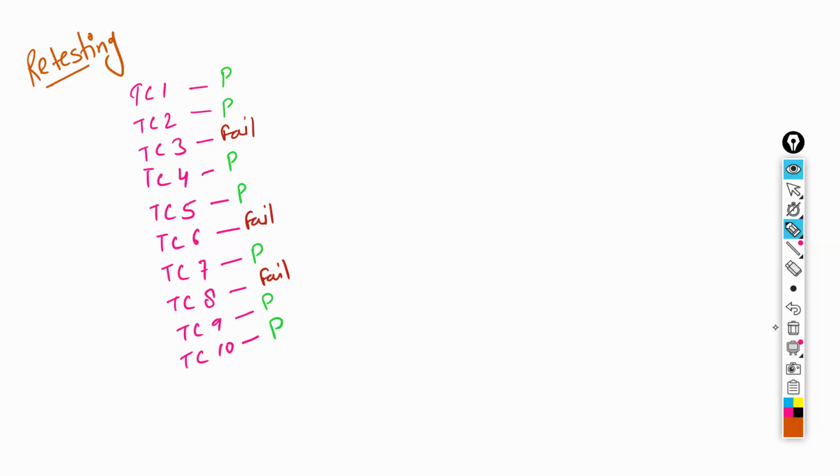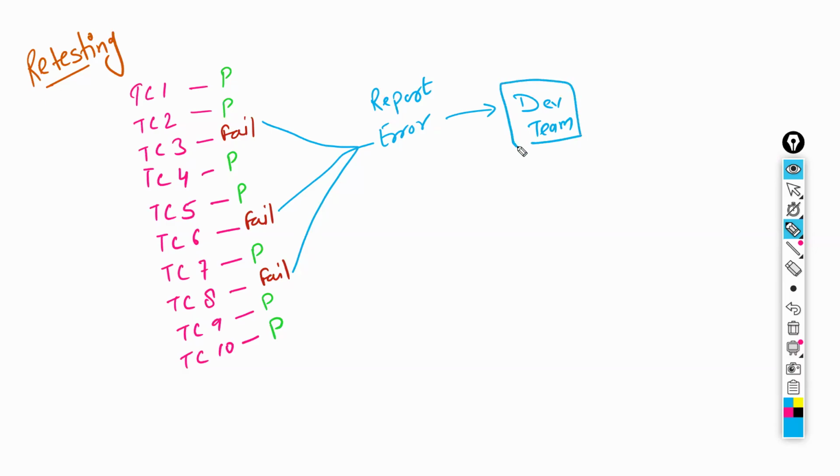So generally, being a QA, what you would do is, okay, you got these errors, so you will report these failures as errors to the development team. That's your job as a QA, right?